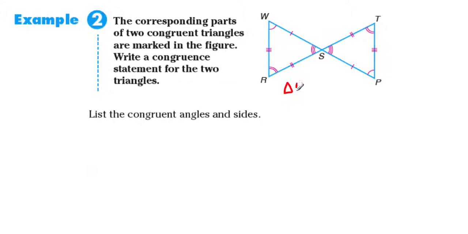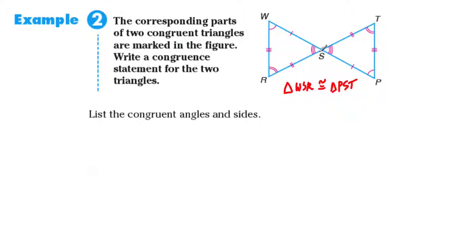WSR is congruent to, so since I started with W, then I need to start with P, go to S, and T. Triangle PST. There are a few ways to do this.